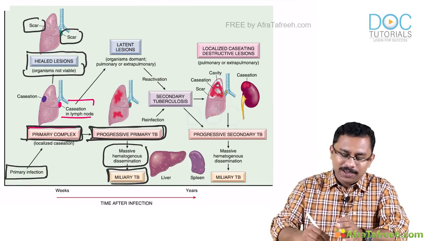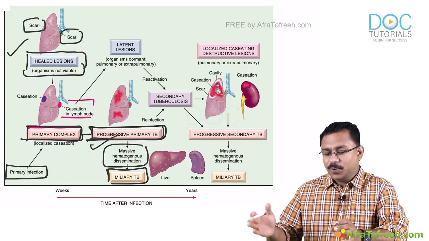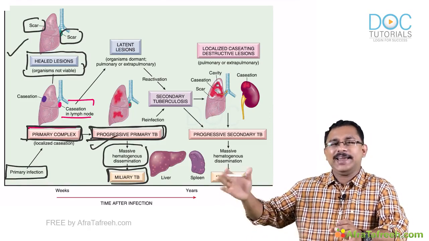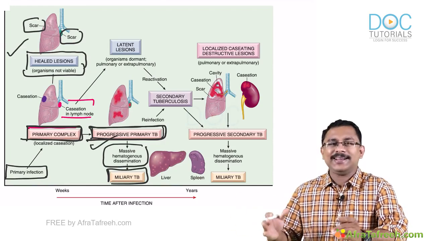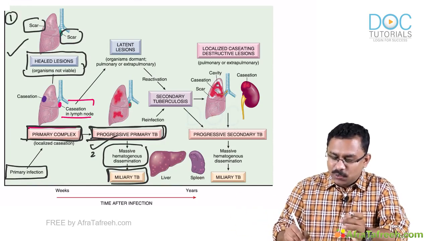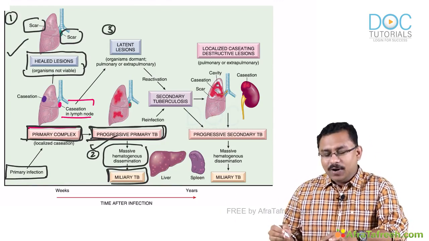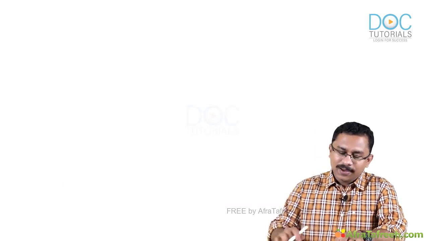So either it may be a healed lesion, or it may be a progressive primary tuberculosis, which again becomes maybe disseminated as well. Now this is fate number 1, this is fate number 2, there is a fate number 3 also. That is, the organism can go on to develop a latent tuberculosis infection.